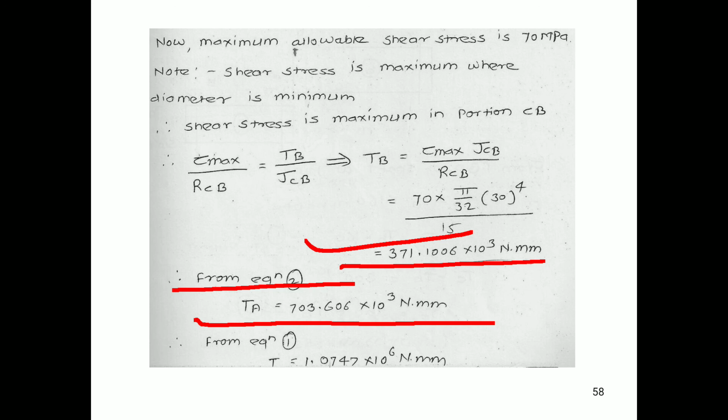In this manner, by using the concept of the indeterminate shaft, we have found the values of torque at A and B. Or we can find the value of torque at C also by using the governing equation.